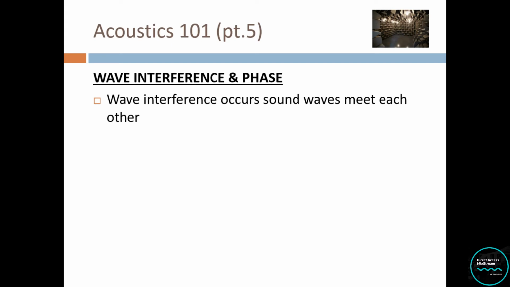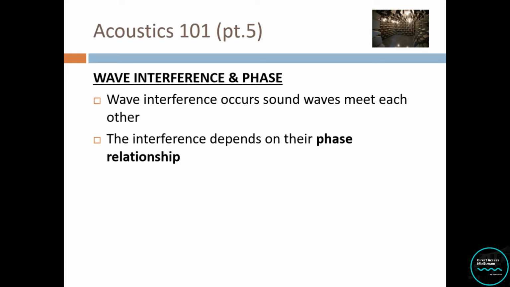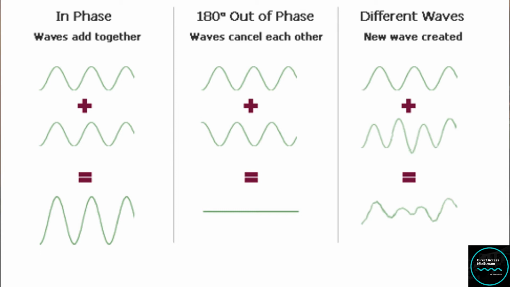For example, wave interference occurs when sound waves meet each other. It could also be from two different sound sources, or the other way around, okay? Two different microphones, right? They capture different waveforms. The interference depends on their phase relationship, or phase coherency. You hear me use that word as well, coherency. So when something is in phase, the waves are constructive, so they add together.